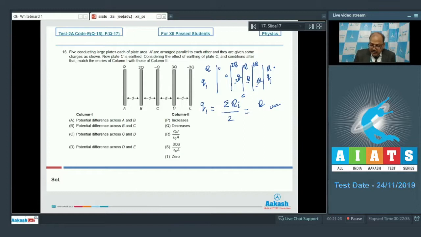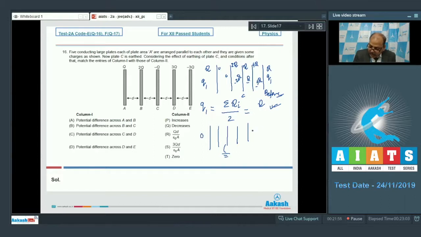What happens when plate C is earthed? So we can write here, this is before. And what happens after? Once plate C is earthed, on the 2 outermost surfaces of the left plate and the right plate, the charge will become 0. So the new charge distribution will look like this. C is being earthed.